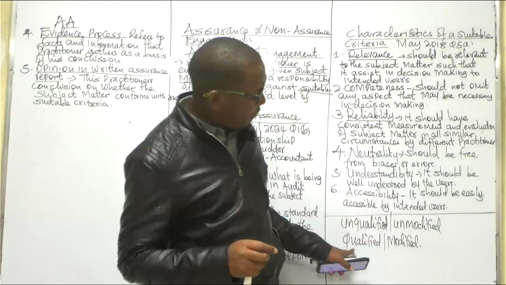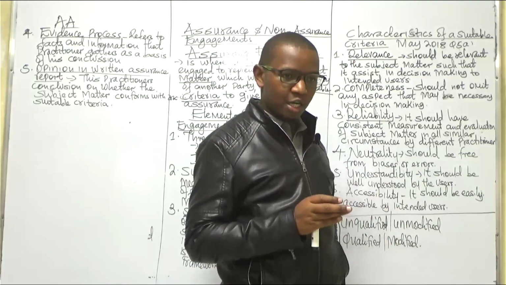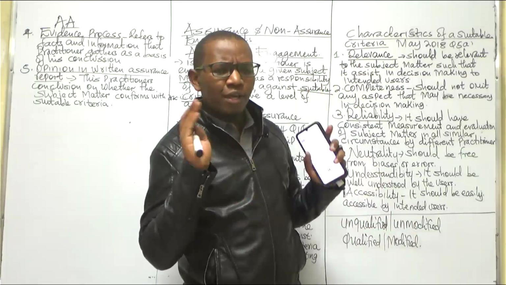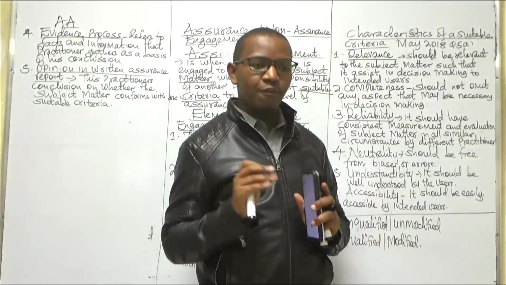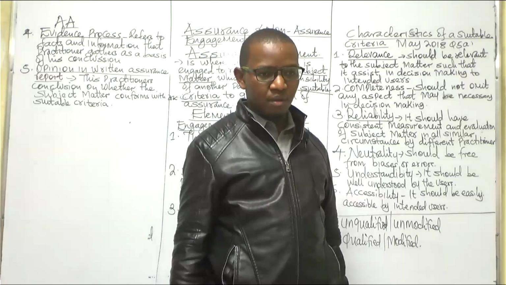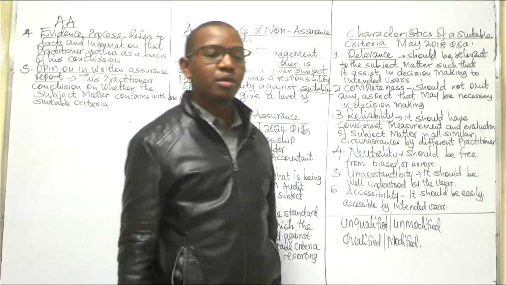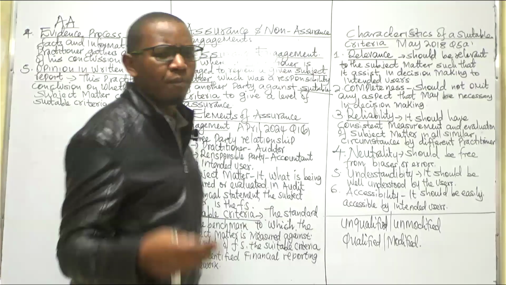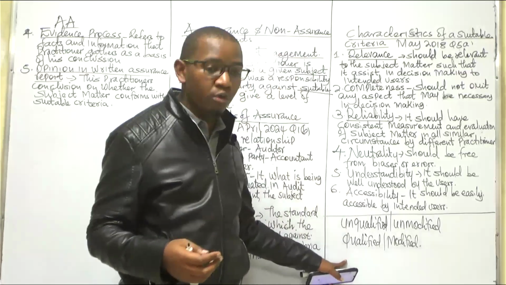Now, in modified opinion, the auditor can express four opinions in such order. There is the possible adjustment, there is the qualified opinion, there is the except for, and the disclaimer opinion. We'll be able to talk about them when I talk about the audit report, where we'll know the bases of modification on such audits.